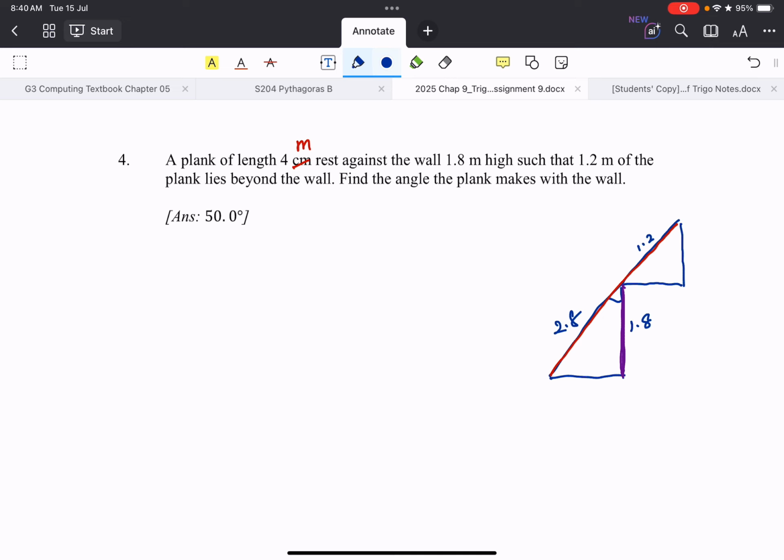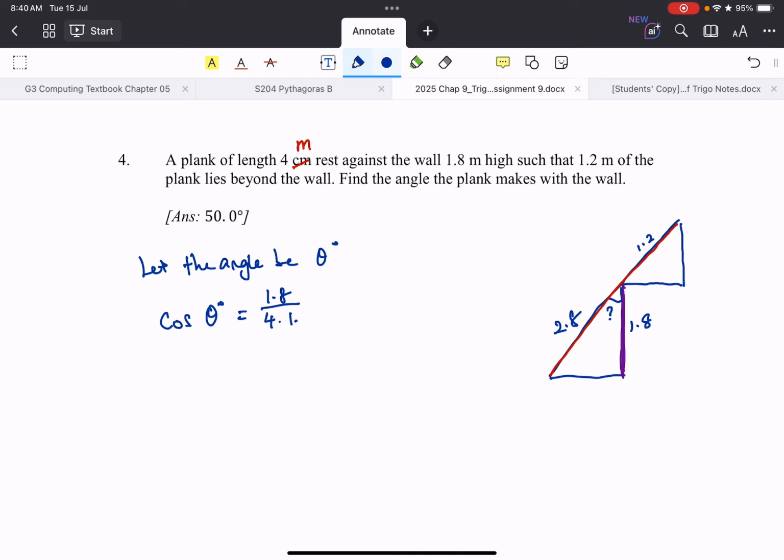So to find the angle that we want, which is this one, let the angle be theta degrees. Why not? Just to make things clear. So we are using cosine here. Cosine theta degrees is equal to 1.8 over 4 minus 1.2.